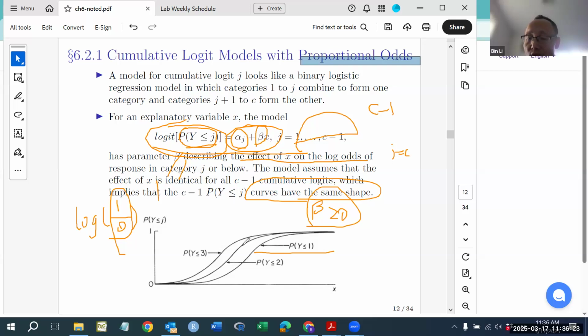And if we shift it further to the left, it will perfectly match the probability of Y no greater than 3, and so on. So that's the proportional odds. It means they all have the same shape for the curve, and beta is the same. Beta didn't change for different values of J in the model.